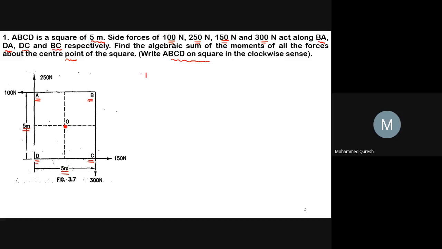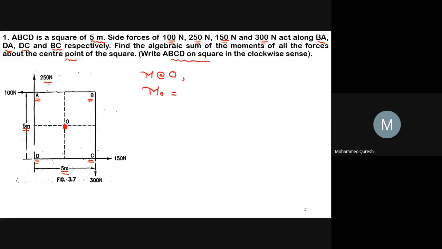So moment about the center of the square, that is at O point. So we will take moment at O equals to, what is the moment? Force into perpendicular distance. So in our case, our first force, let us take as 250 Newton. So we have to take the minimum distance for the moment from which the moment is taken.